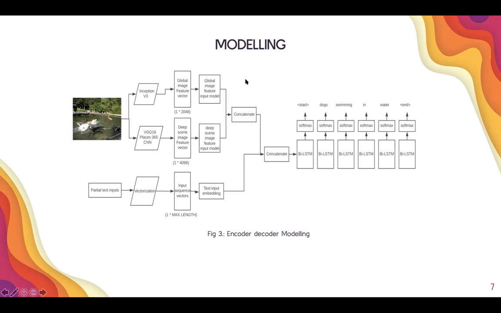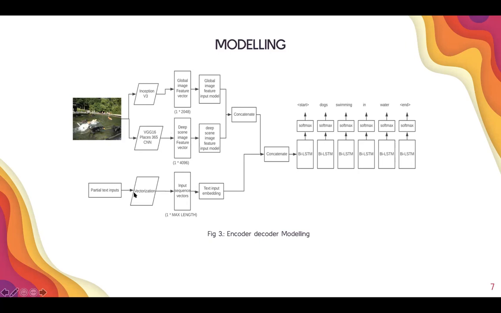Then we pass that to a model. The global image feature input model contains an input layer, a dense layer, and finally a repeat vector layer. We do the same thing for the deep scene image features. Then we concatenate their outputs into one feature vector.